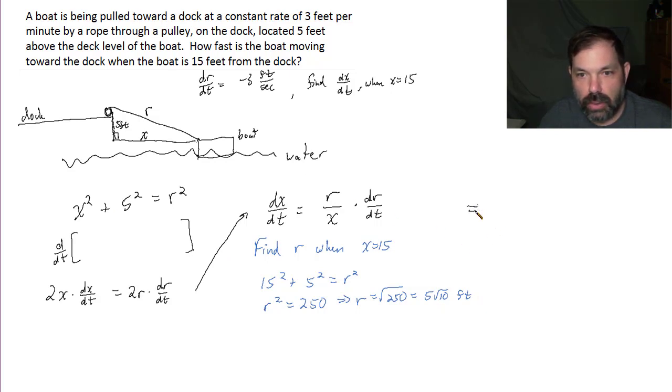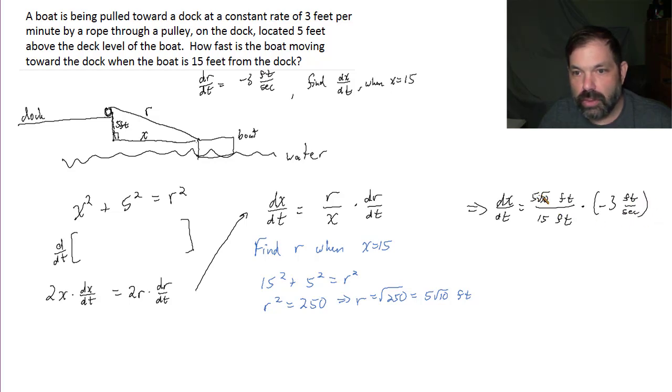All right, so then we could take that. So then dx dt, r is 5 root 10 feet over x. X is 15 feet. And then dr dt is -3 feet per second.